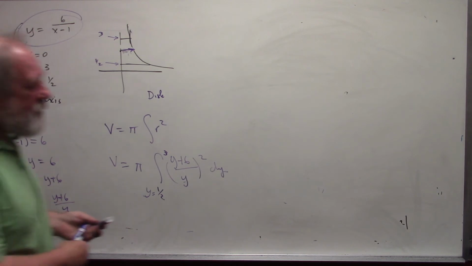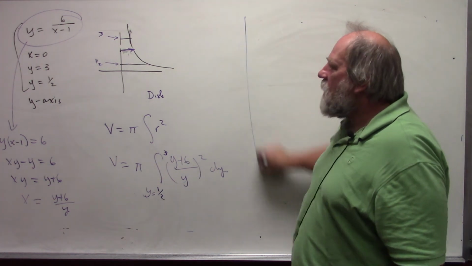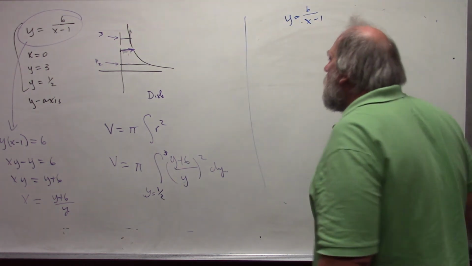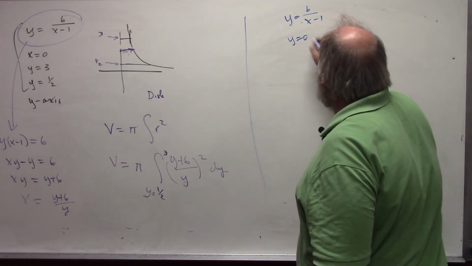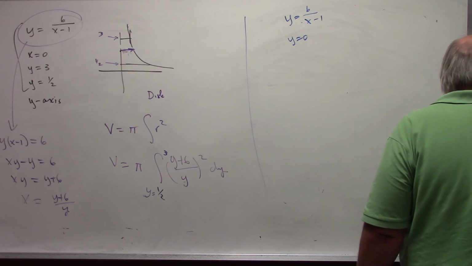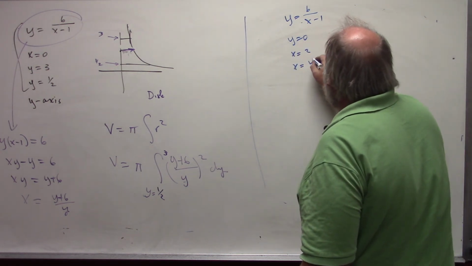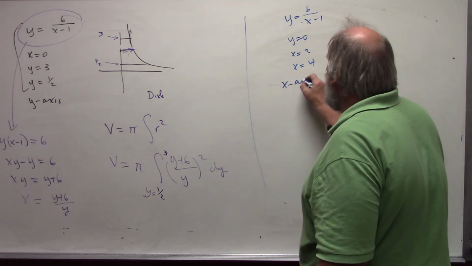The last one, suppose I have the same function, y equals 6 over x minus 1. And this time I want to go from the area y equals 0, x equals 2, x equals 4, and I want to do this about the x-axis.